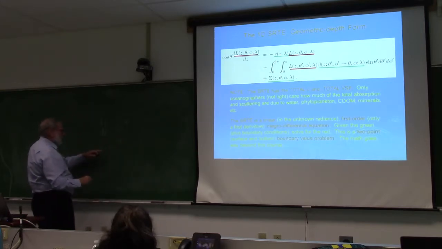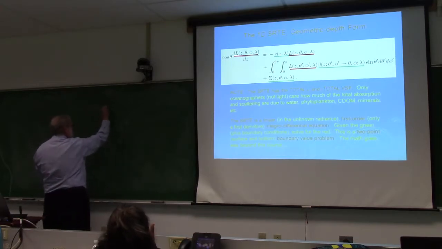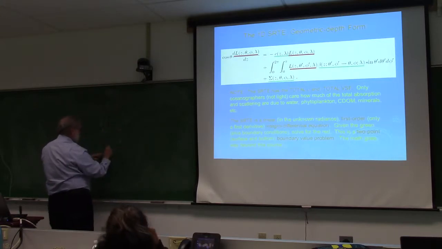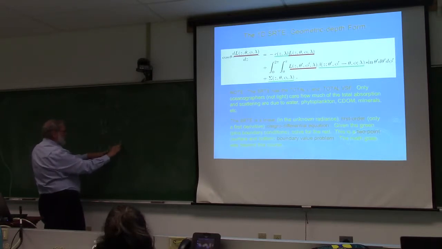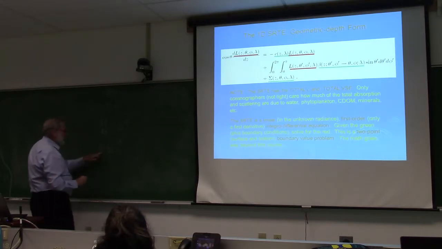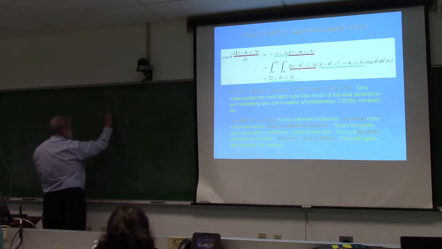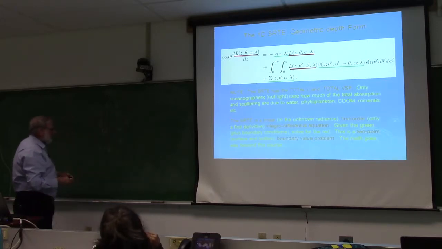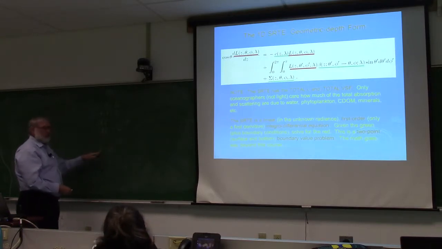Now, I've got a condition at the surface, so at z equals 0, I want f equal to some surface value f naught. And then I say, well, maybe at z equals 10 meters, I want f to be equal to 3. But now I take this, plug in 10 meters, and I don't get 3 back, because that function just doesn't fit it.